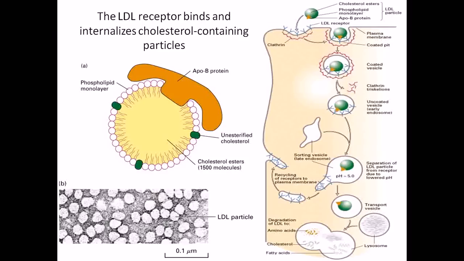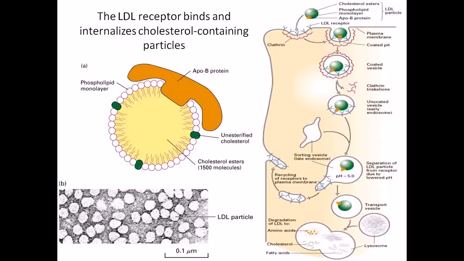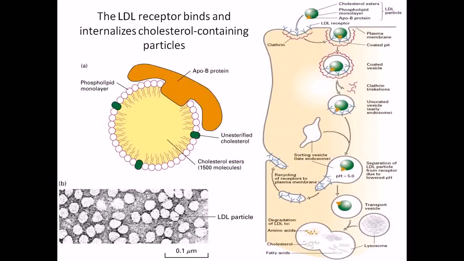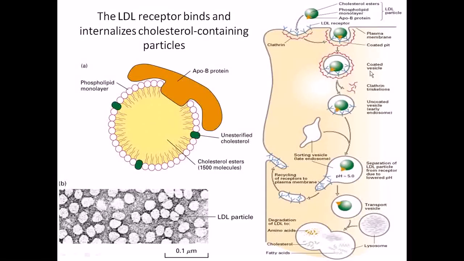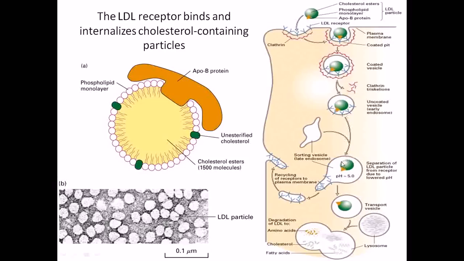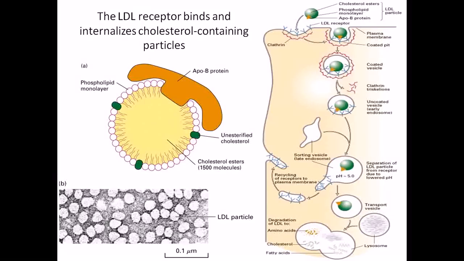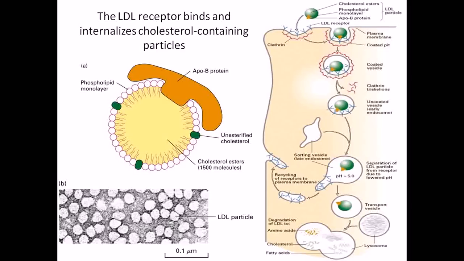Once it is bound with the late endosome, which has a slightly lower pH than the early endosome, the LDL receptors are cleaved away from the LDL and the whole cholesterol mass, and those LDL receptors are recycled again onto the cell membrane, right? And the rest of the part is now inside the late endosomal vesicle.